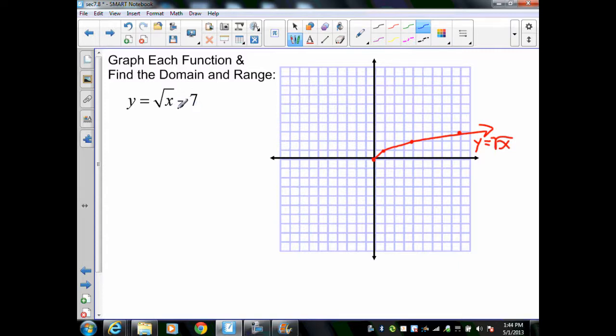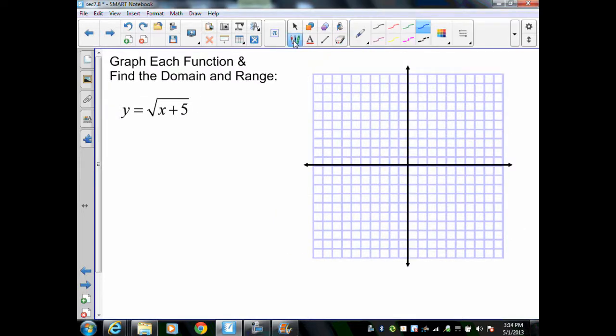Therefore, each one of those ordered pairs is going to go down 7 units. 1, 2, 3, 4, 5, 6, 7. And I connect those ordered pairs, and that is y equals the square root of x minus 7.